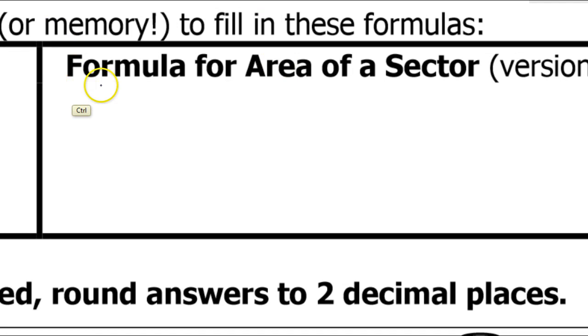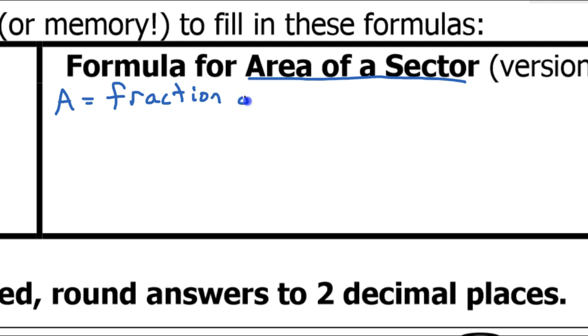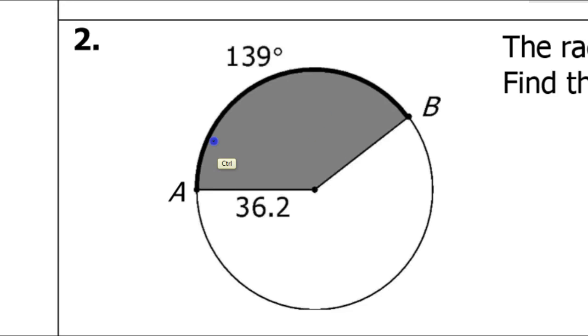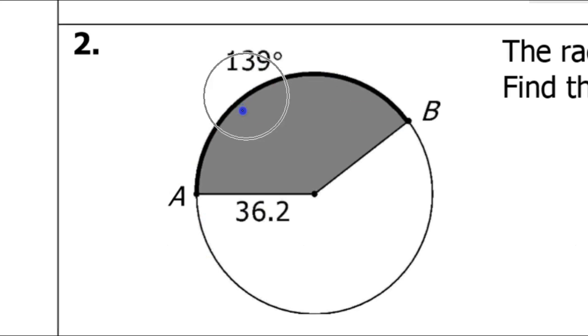The area of a sector, I'm going to use just the letter A to represent it, is always going to be a fraction of the circle area. Which makes sense, because a sector is a fraction of the circle.